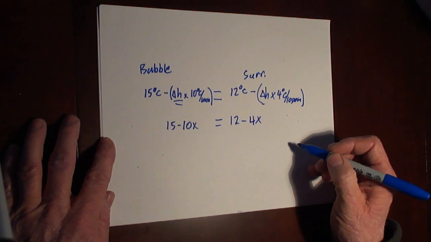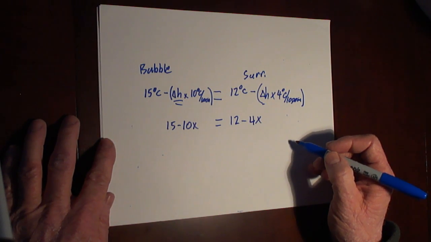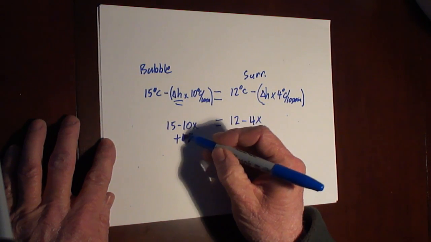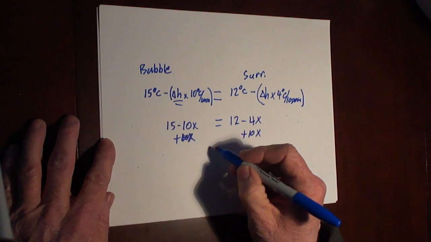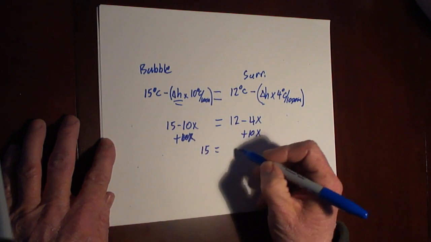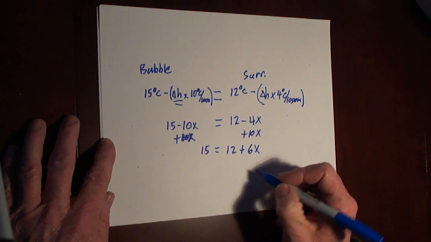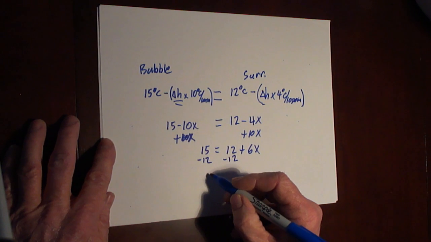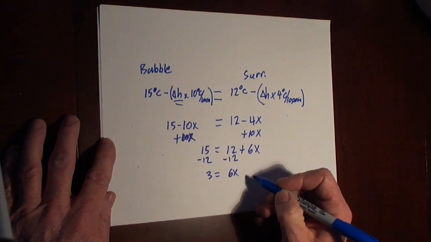Now I'm just going to solve for x. I'm going to add 10x to each side. That means 15 equals 12 plus 6x. I am going to subtract 12 from each side. I get 3 equals 6x.